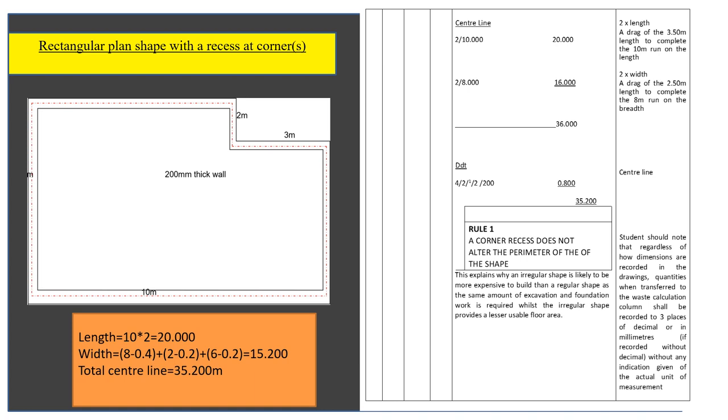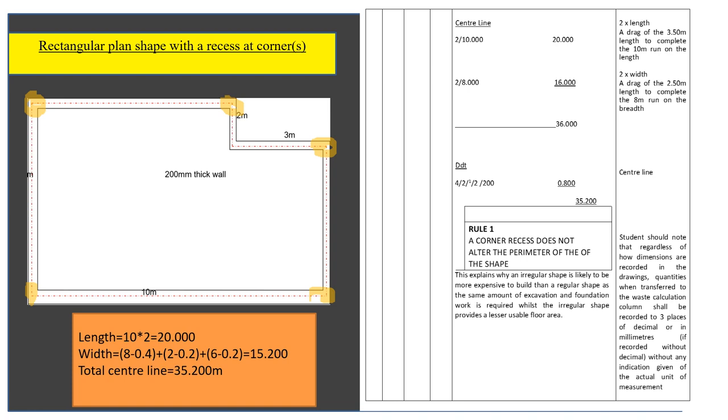If we have a recess at the corners, how shall we find the center line? We shall count the number of external corners: 1, 2, 3, 4, 5. Then we deduct the number of internal corners.